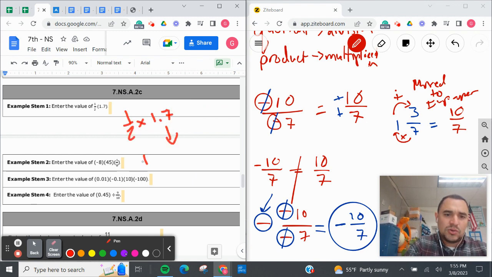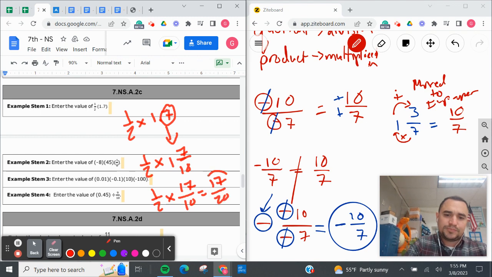That changes into 1/2 times 1 7/10, because that's the tenths column. So then you would multiply. 10 times 1 is 10 plus 7, 17 tenths, which would be 17 out of 20.